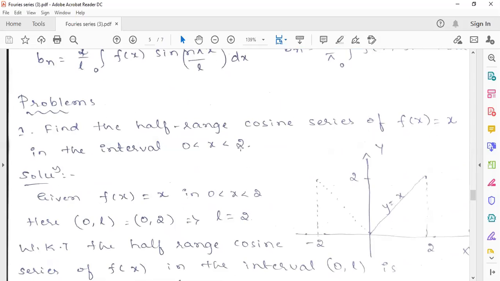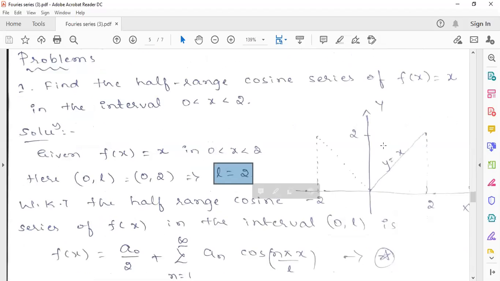They have given the half range 0 to 2, so you have to extend this to minus 2 to 2. Minus 2 to 2 means the period will be 4. 2L is 4, right? So the L value will be 2.